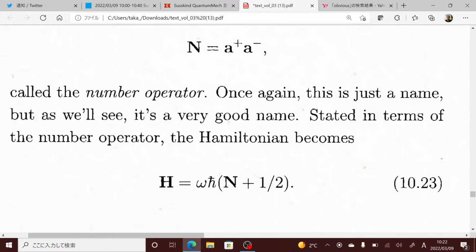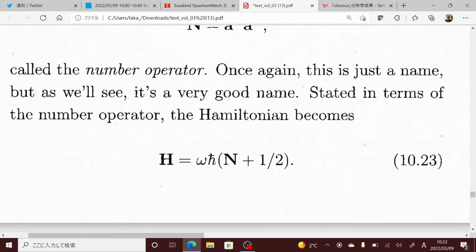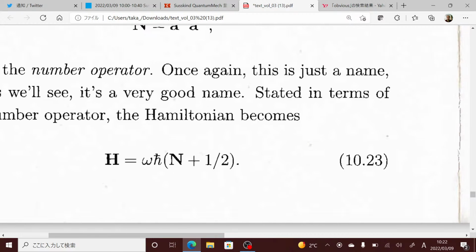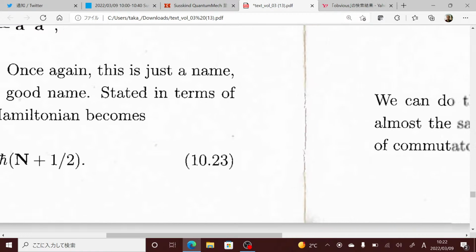Once again, this is just a name, but as we will see, it's a very good name. Stated in terms of the number operator, the Hamiltonian becomes h equals omega h bar times n plus 1/2.